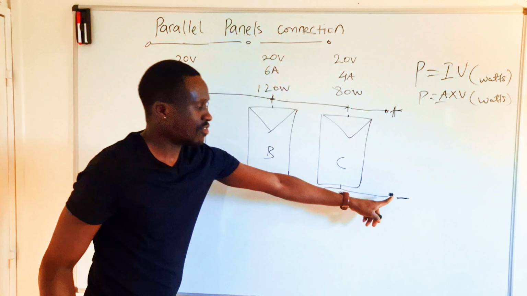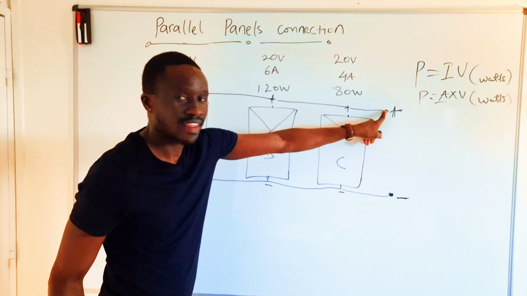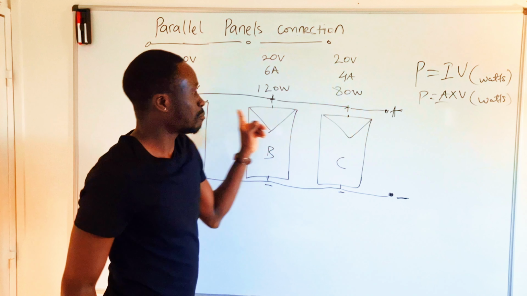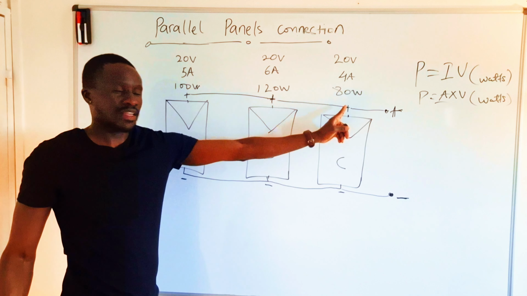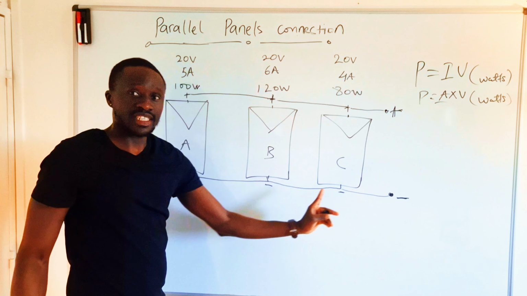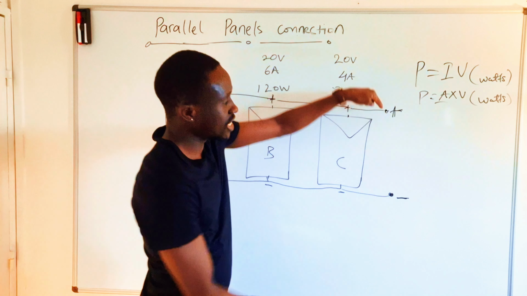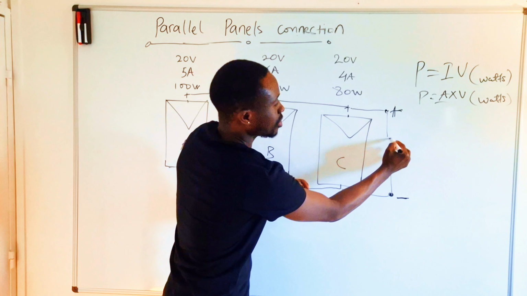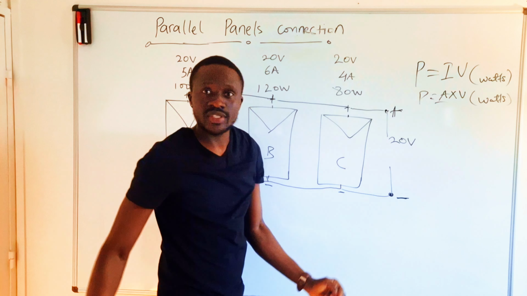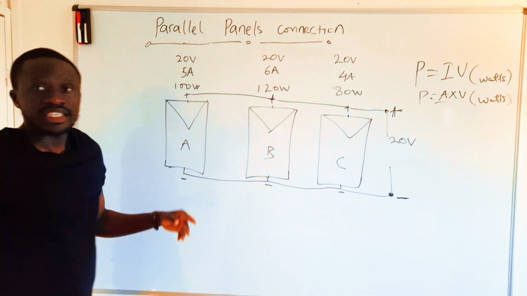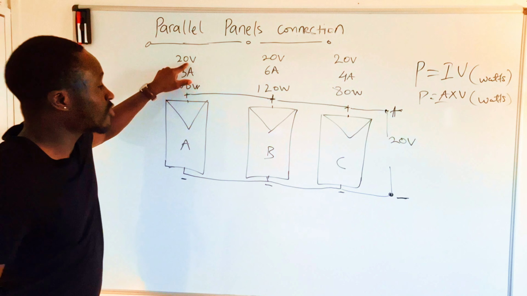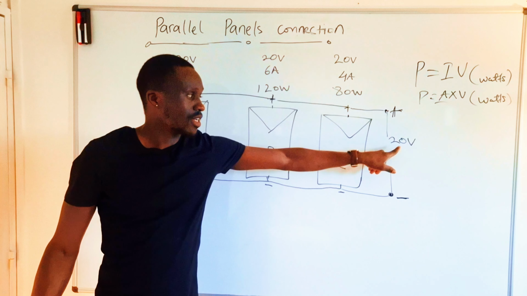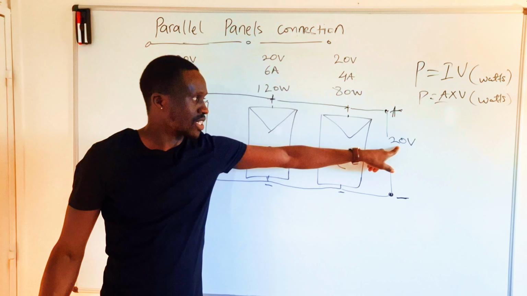If you measure these terminals after connecting all solar panels in parallel, positives at the same point and negatives at the same point, the voltage will be 20 volts. This is what I meant, that the voltage will remain constant. The voltage of this system will remain constant.